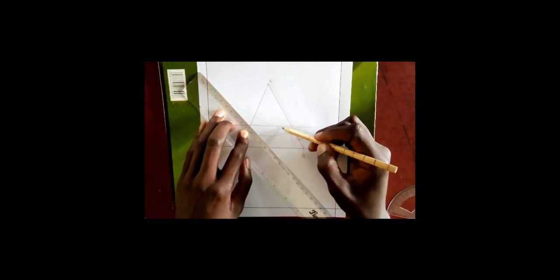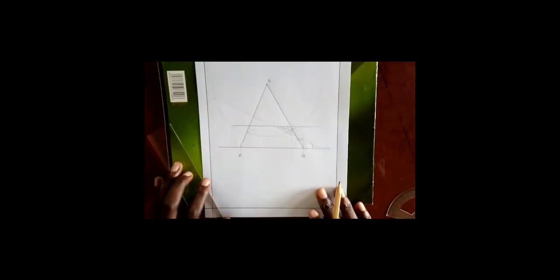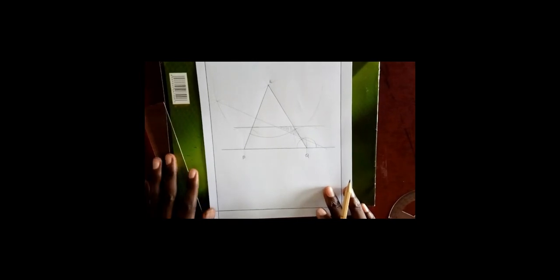So 3 centimeters from PQ, it is this line here. So here it is clear that we are talking about this region here. It is the one that is fitting the description. So this is the region which you are expected to shade.